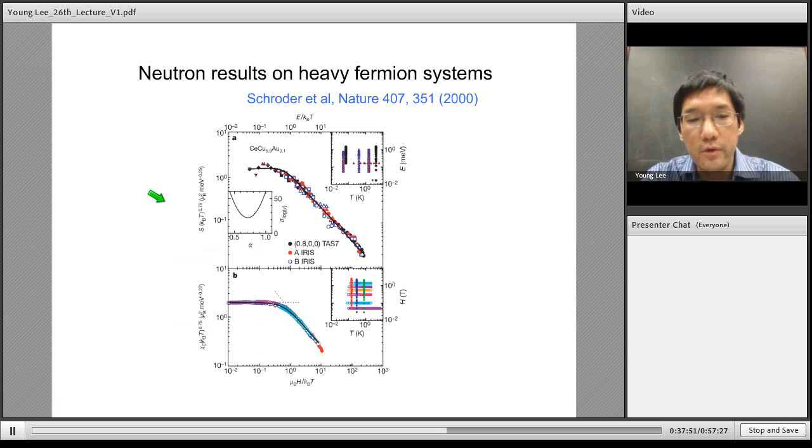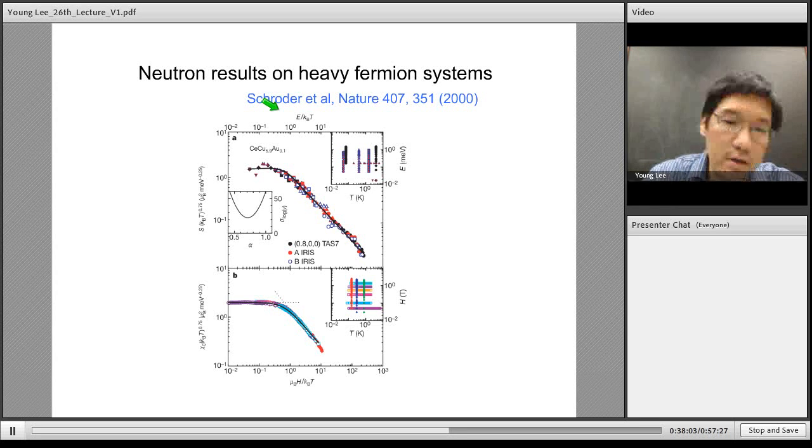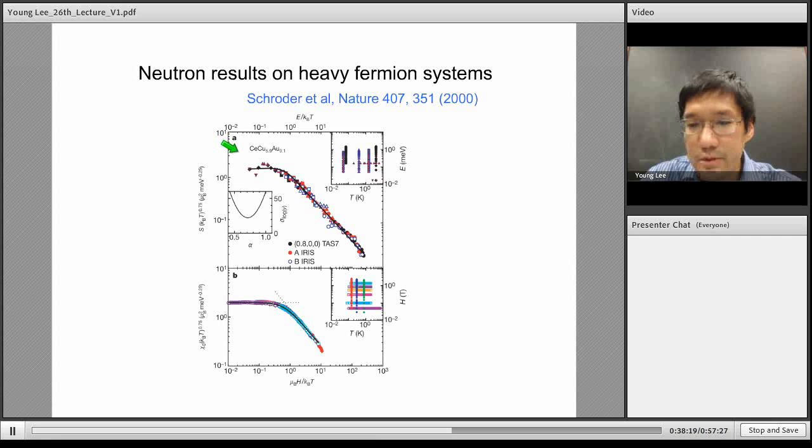So here's a summary. For this top figure, this is the neutron scattering data, but they're plotting energy transfer divided by kT. So again, this is omega over T scaling. And here they have the intensity, and they're multiplying by temperature to some power, so they get some exponent that comes out of this scaling. So they see that now all of their data taken at different temperatures and energies fall onto the same curve.